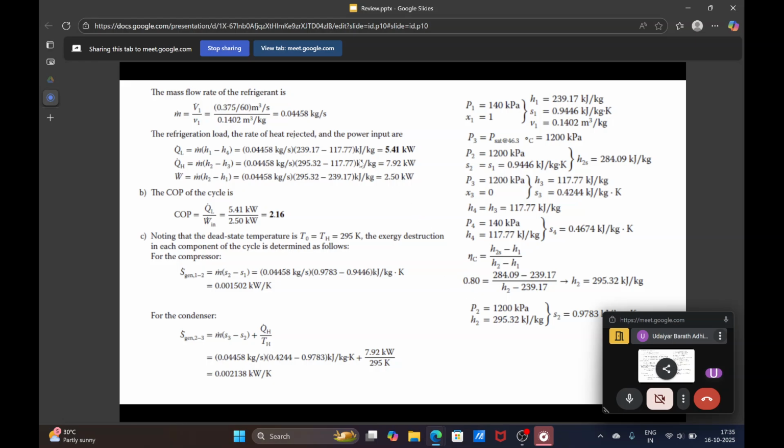So now we can find out the mass flow rate and how much heat transfer and work transfer is happening in the cycle. So the mass flow rate of the refrigerant is the volume flow rate divided by the specific volume. The volume flow rate is given as 375 liters per minute.